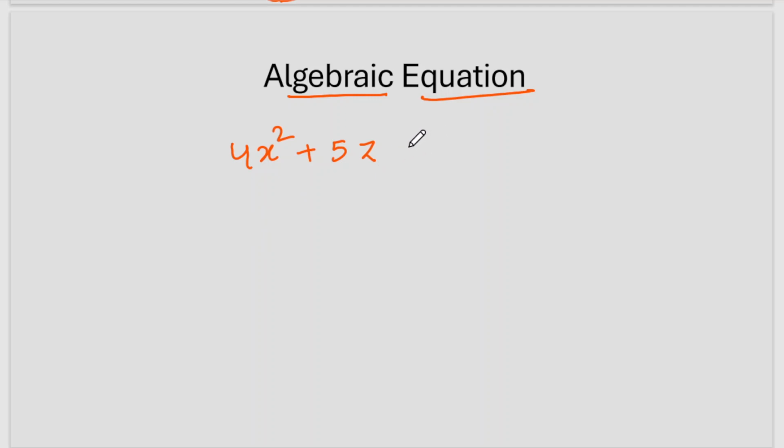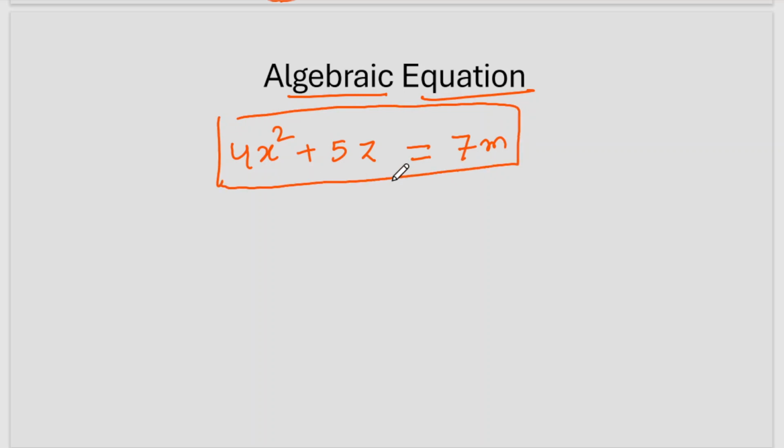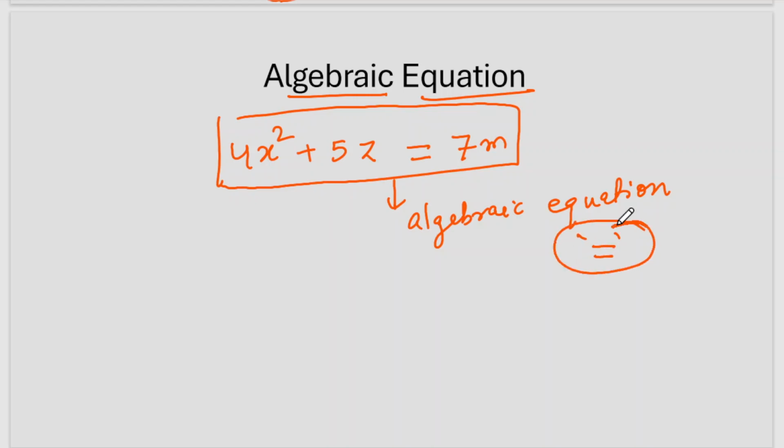But if I put an equal to sign and write something like 7m equal to 7m, now this has become an algebraic equation. So in an algebraic equation, there must be an equal to sign.